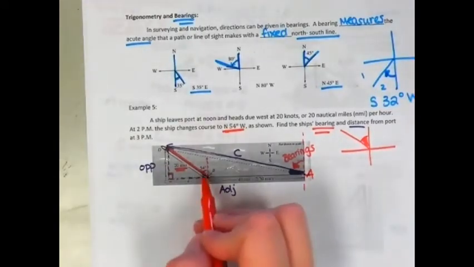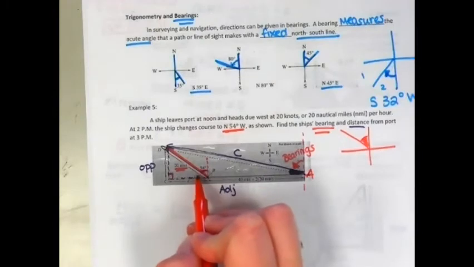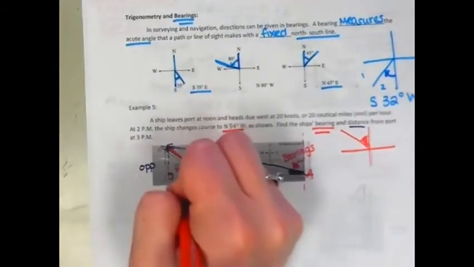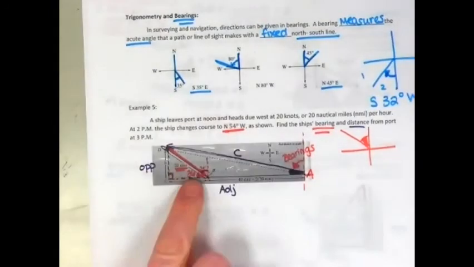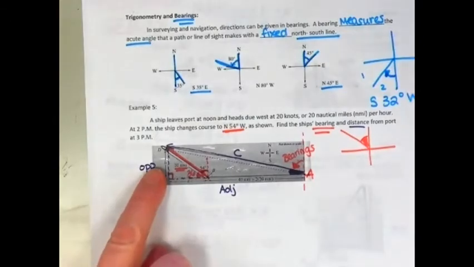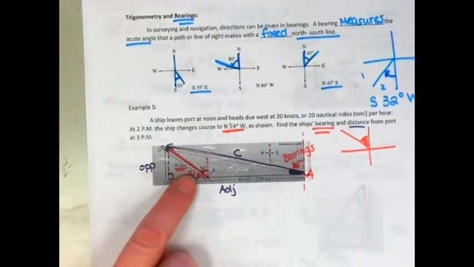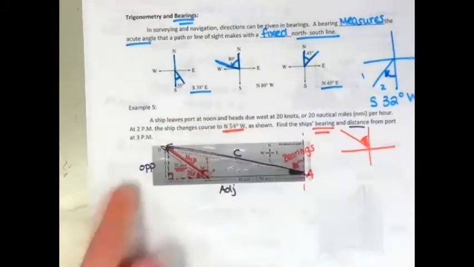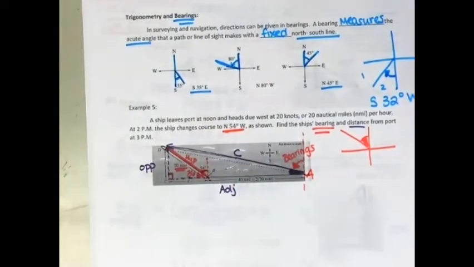And let me ask you, if this from here to here is 54 degrees, could I find this angle here? Yeah, what's that angle? 36. Now, if I know this angle is 36, can I find my opposite side? Yeah, because I have my opposite side and I have this 20, which is the hypotenuse. So what uses opposite and hypotenuse?